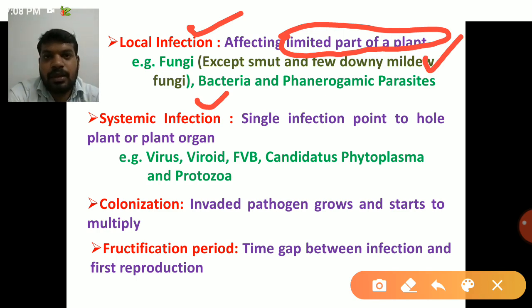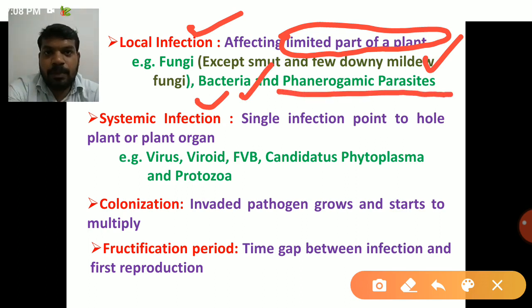For example, pearl millet downy mildew is a systemic disease, so we can't include the downy mildew fungi in local infection. And some bacteria, and phanerogamic parasites like Cuscuta, Loranthus, Orobanche, and Striga are examples of local infection. It infects a particular area of the plant and can't move within the plant.